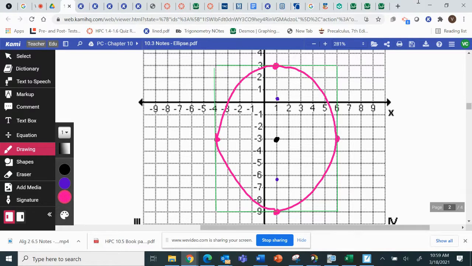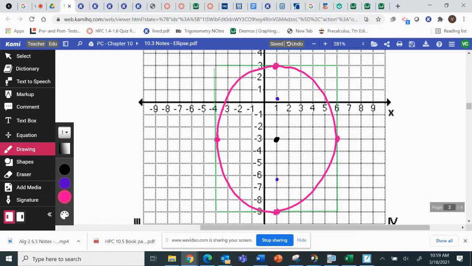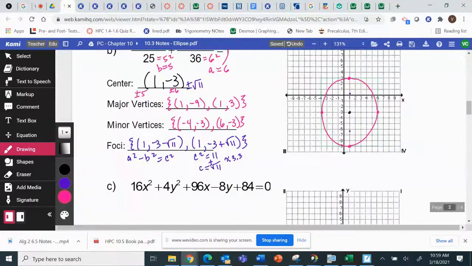Yeah, that was so ugly. A little bit better. Okay, I have a slight need to have perfection in my drawings. Okay. Any questions about this so far?